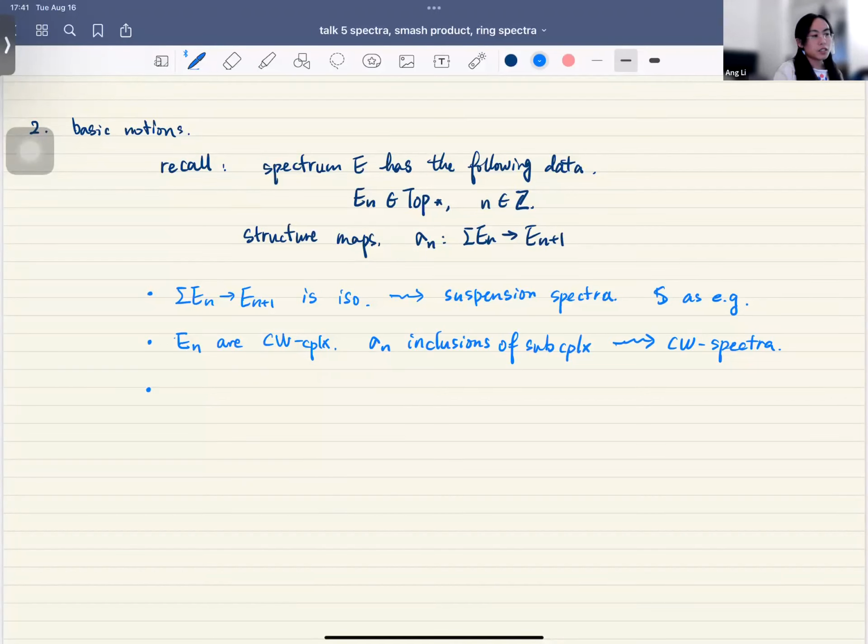For that, you want to consider not the structure map, but the map induced from the structure map, because we have the suspension-loop adjunction.